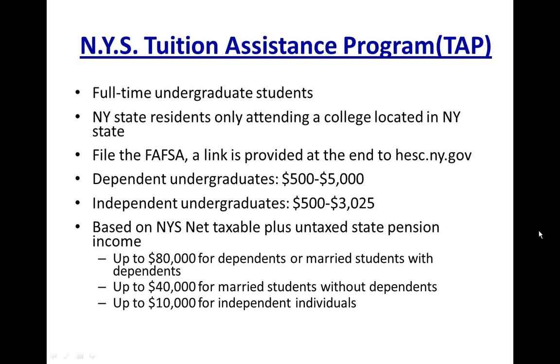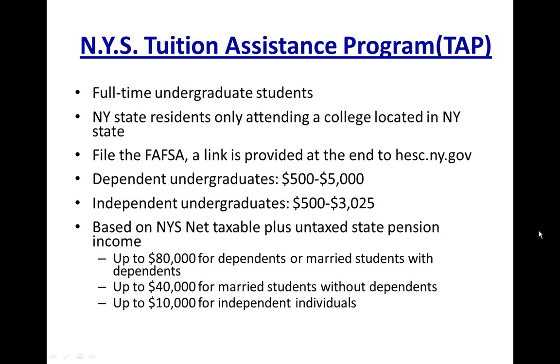The New York State Tuition Assistance Program, TAP, is awarded to full-time undergraduate students. These must be New York State residents, only attending a college located in New York State. Students must first file the FAFSA. A link is provided at the end to hesc.ny.gov. Dependent undergraduate student awards range from $500 to $5,000.